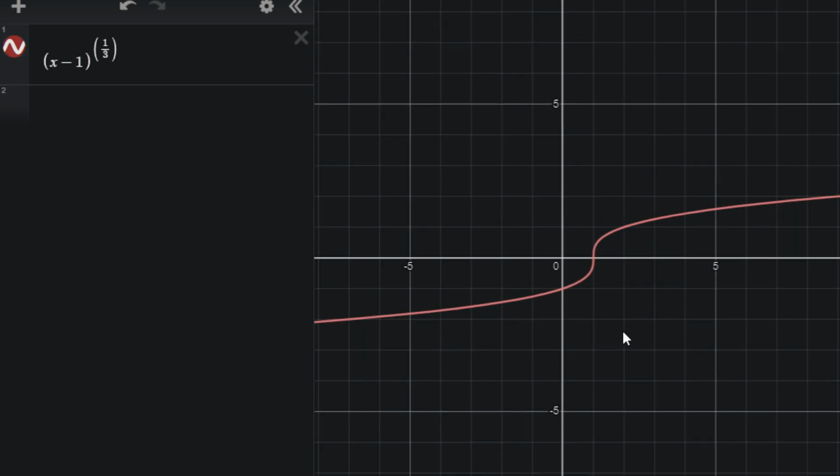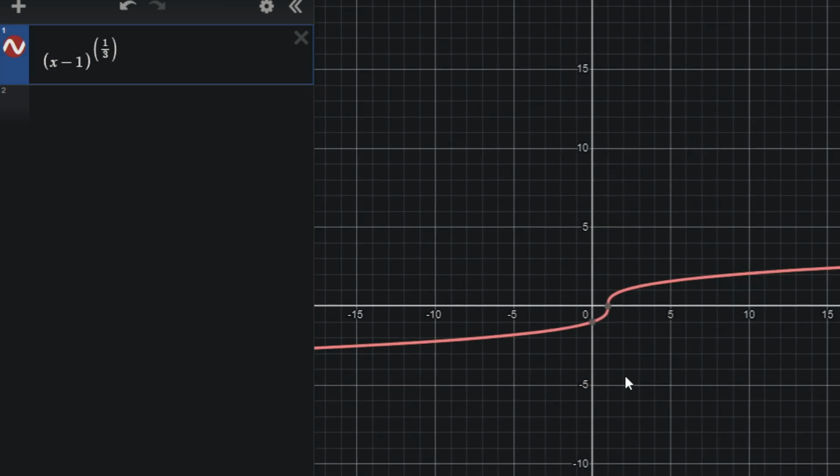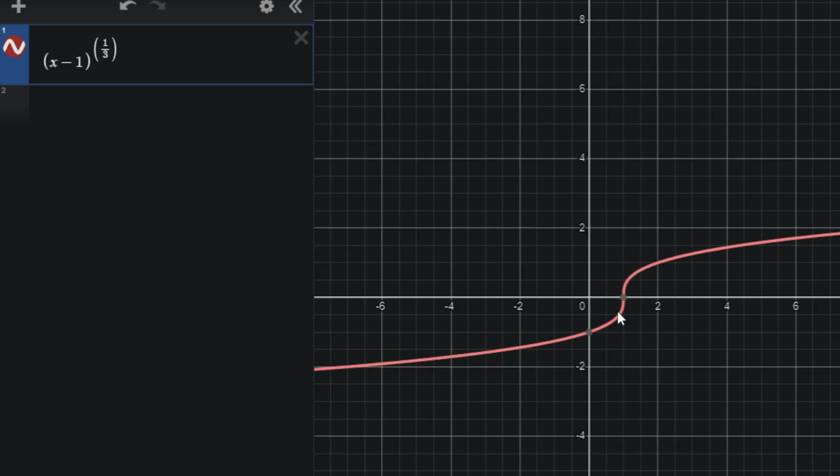So again, you can see that there's nothing that looks like it would be a local max or min here. It is always increasing. And at 1, this is where it gets so vertical that the derivative does not exist, just like we saw in the x cubed function itself. This is just the x cubed function moved to the right one.